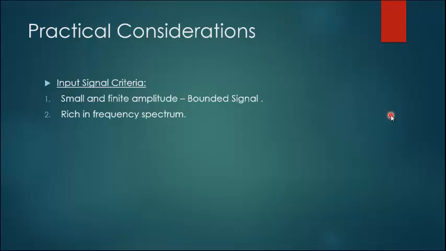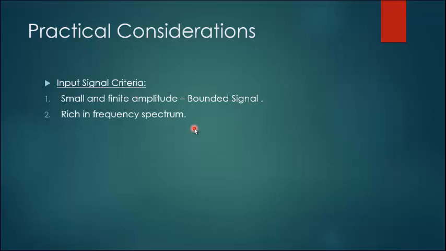Another point we have to take into account when choosing the input signal is to make sure that our signal is rich in frequency spectrum. What does that mean? We need to choose a signal that triggers all the elements in a plant or a system. If we have a system with several elements, some of them work at a specific frequency and others work at a different frequency.